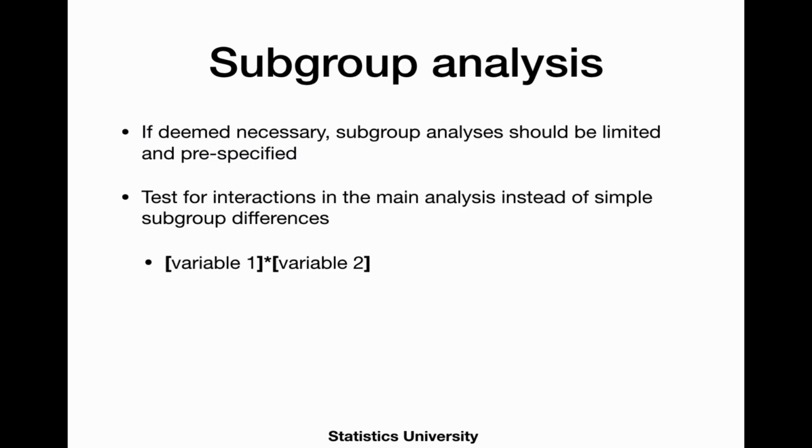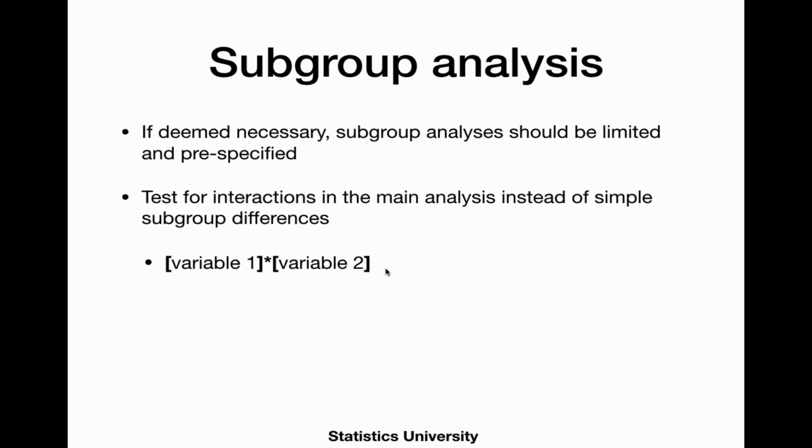You create a new variable that is actually the product of two already existing variables of which you want to see whether there is an interaction between them. And then you can enter this newly constructed product variable into the model.